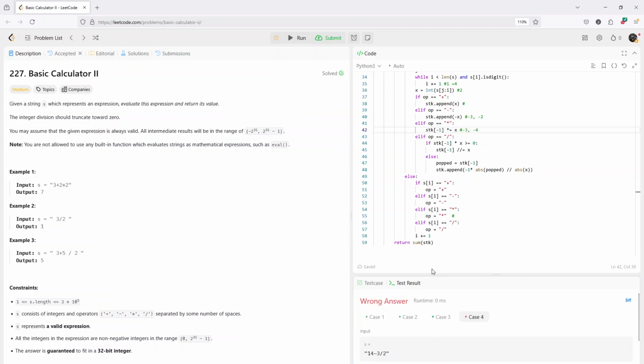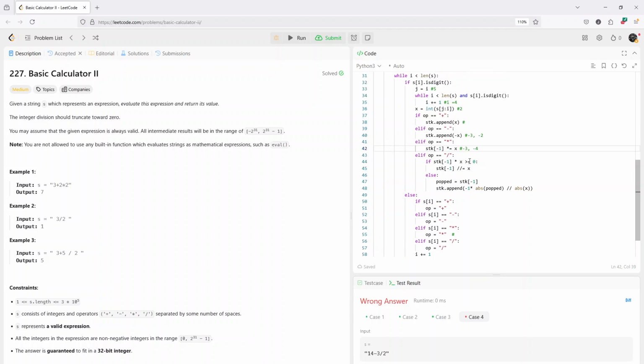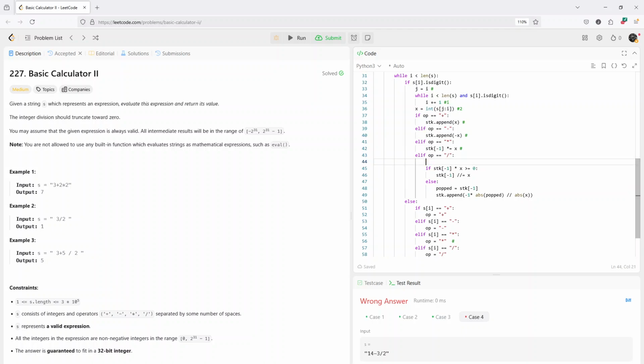Wrong answer here. Let's see. Okay, so we got the 14, then the -3. So wait, now we're at the 2 here. So okay, at this point we know stack is 14 and -3.